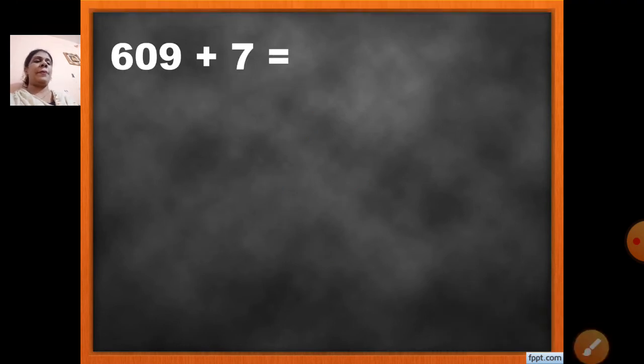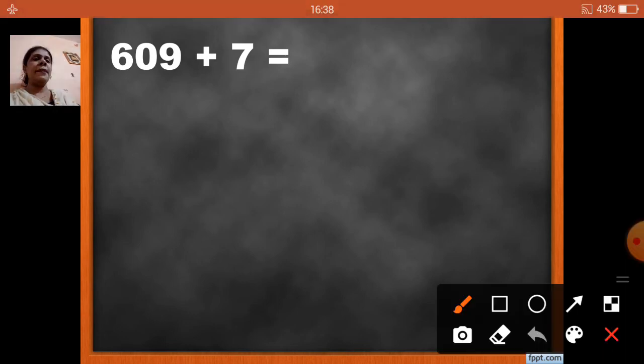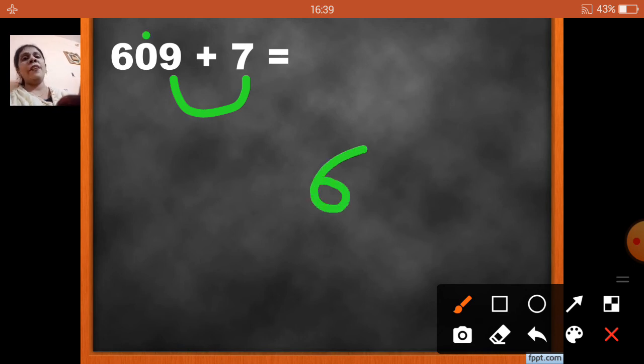609 plus 7. Let us add units with units. 9 plus 7, 10, 11, 12, 13, 14, 15, 16. So, what answer are we getting? 16. So, we will write 6 here. 1 we will carry over to 0. Now, 0 plus 1, 1.